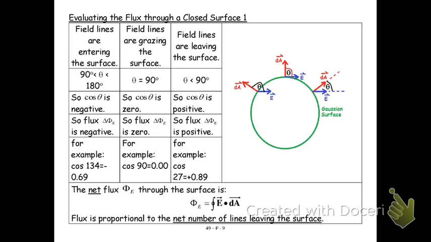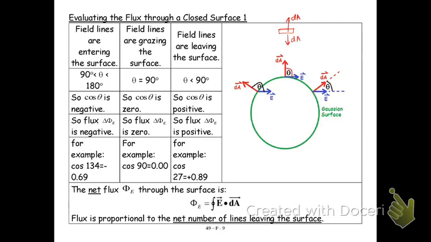There's 3 possibilities when you think about it. The first thing I've got to say is, we talked before about how do you know when you have a little card whether the area vector is pointing up or whether the area vector is pointing down.